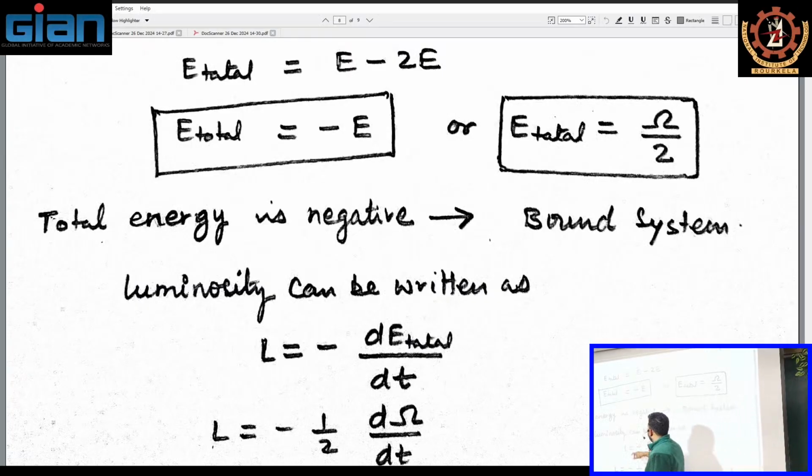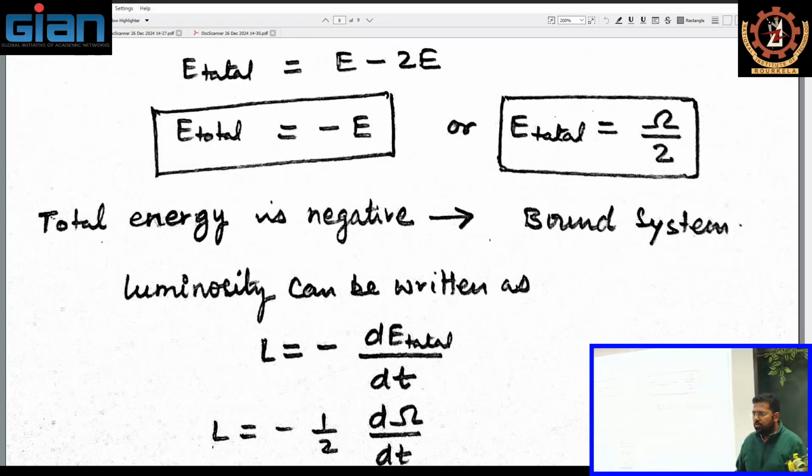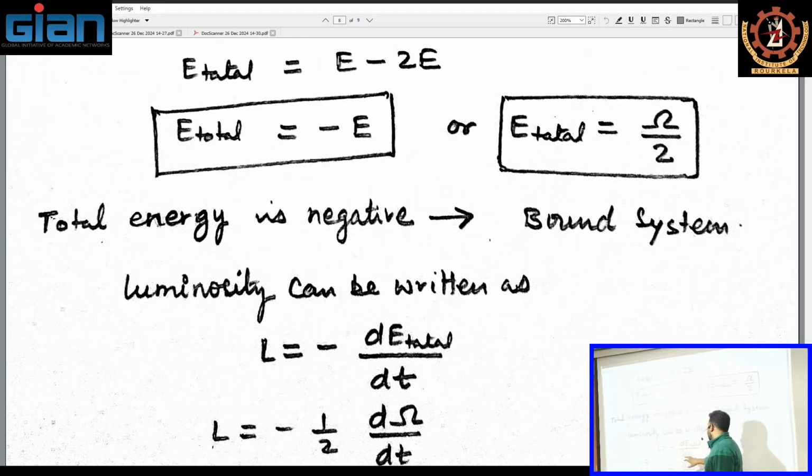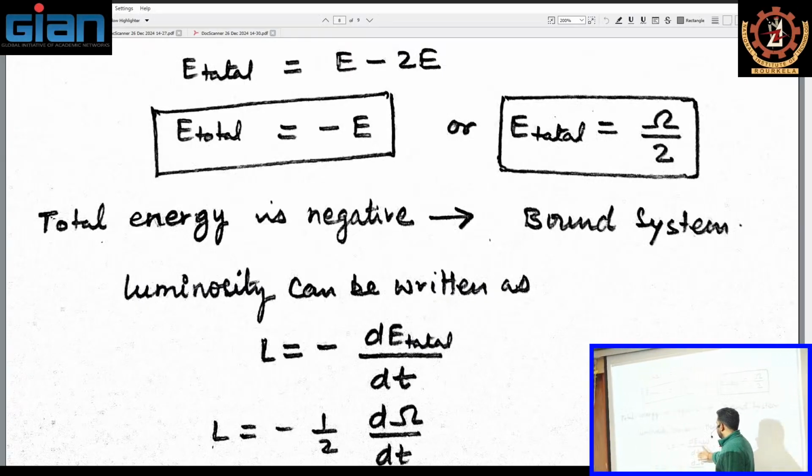So if I simply take the time derivative of E total, that is going to give me the luminosity. Luminosity is how your total energy is changing with respect to time, or per unit time. So if I would like to write the luminosity in terms of the total energy, luminosity would be equal to minus dE total by dt, the differentiation of E total with respect to time t.